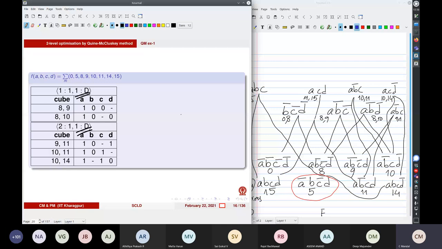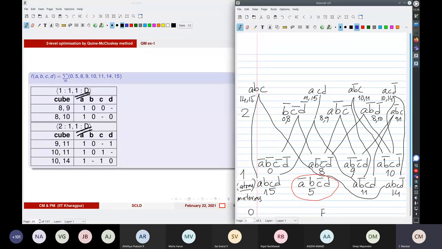So we should consider cubes with zero number of ones and one number of ones. You can't combine these. This is a cube with zero number of don't cares. And do you have any cube adjacent to this?